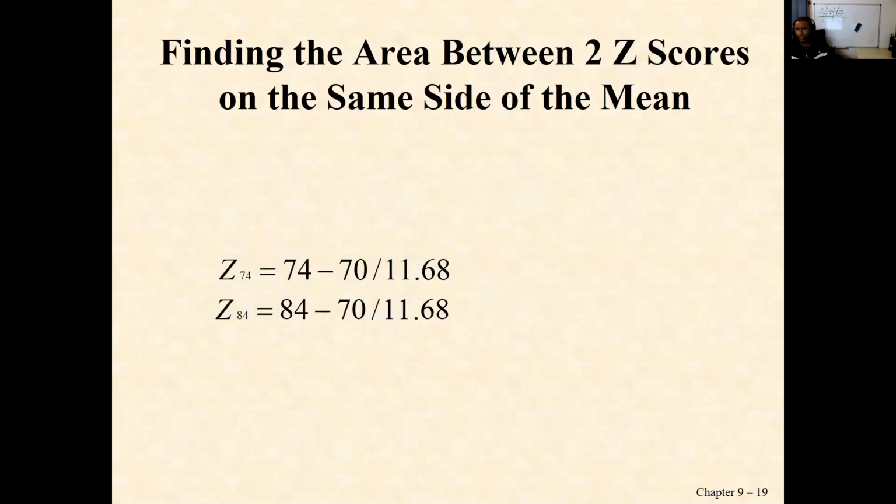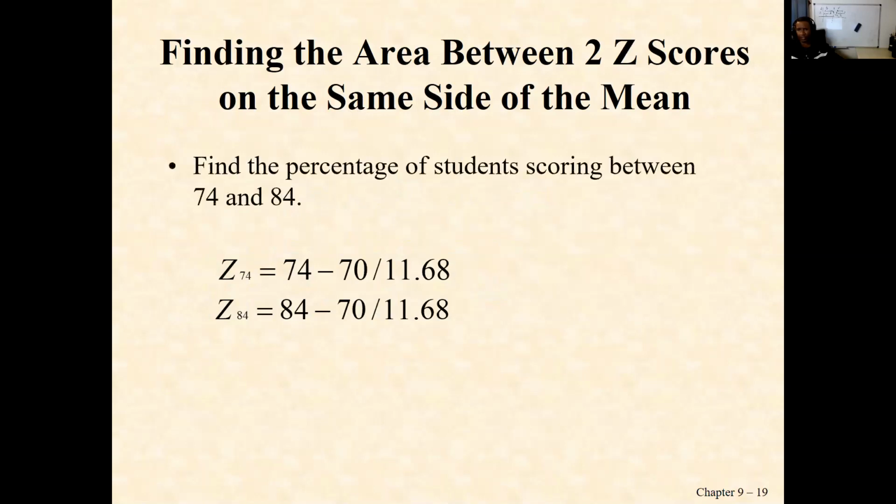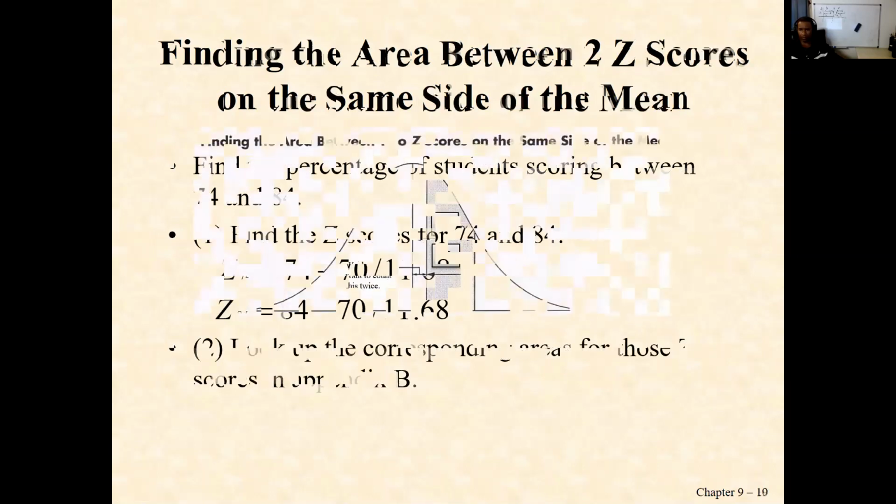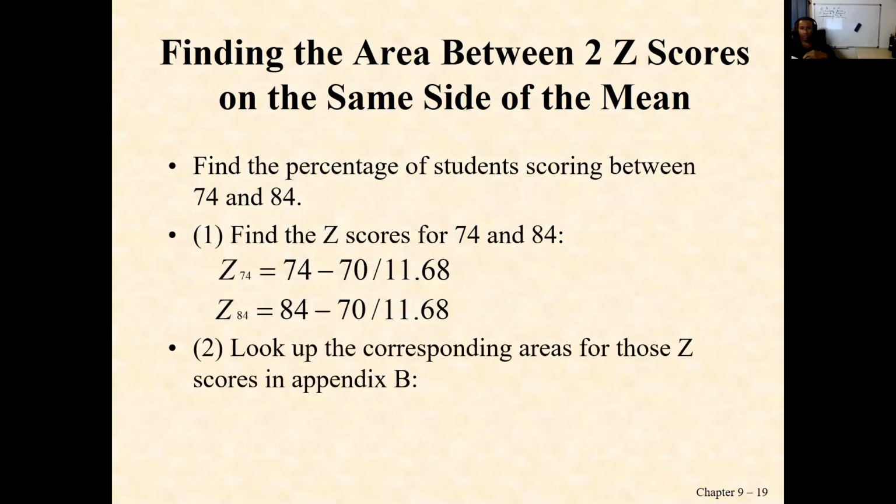Let's go and find the area between two z-scores on the same side of the mean. Now what you need to do is find two z-values, one for 74 and one for 84. So you'd find the z-value for 74. 74 minus 70 gives you 4.